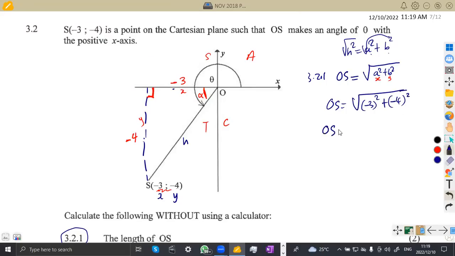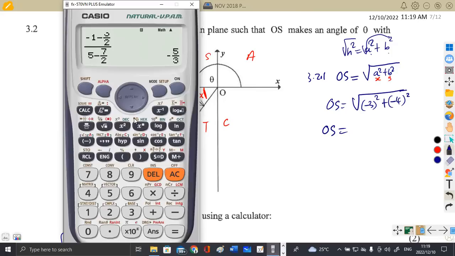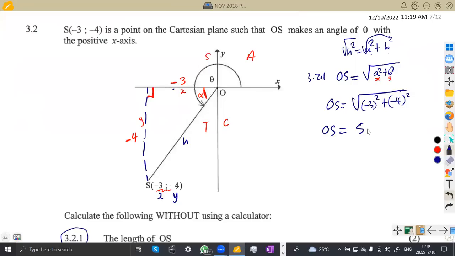That is going to give us the length of OS. The square root of (-3) squared, which is the same as 3 squared, plus (-4) squared, is going to give us 5. So OS is actually 5 units.